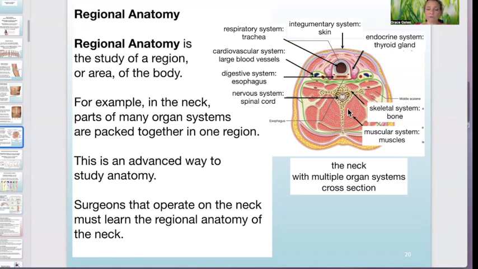So it's not usually taught that way to beginners. But for example, if you were a surgeon that needed to operate on the neck, you would have to learn the regional anatomy of the neck in depth. So you'd know exactly where everything was, including important things to avoid, like blood vessels, which you wouldn't want to cut into.